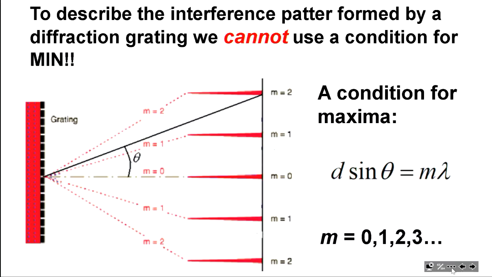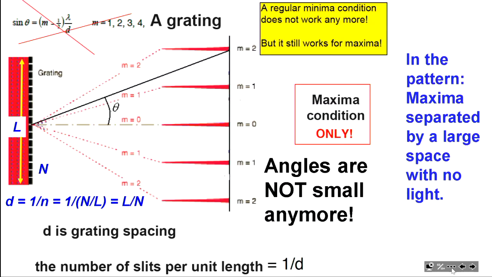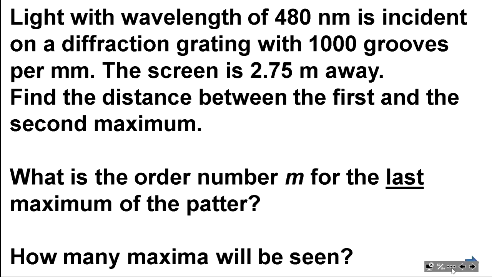So let's solve a problem. Again, angles are not small anymore. Typical problem. A light with a given wavelength, this is actually on the blue side, travels. So when I read it and I encounter a complicated word, I change it to a simple word.